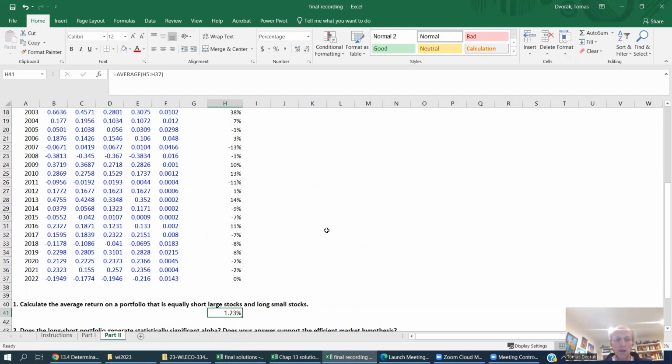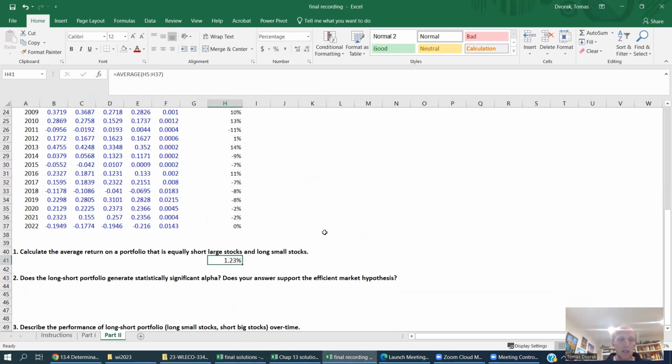Let's see if we would make money given the risk of that strategy. Meaning, let's calculate if this portfolio generates alpha. We know that to calculate alpha, we need to regress the return of the portfolio on the excess market return. I mean, we should really regress the excess return on the portfolio, so return on the portfolio minus risk-free.